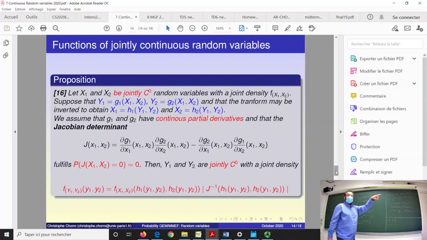As you see in this exercise, be careful, you change a pair into a pair. Okay? So it means that if I am interested in this one, okay, that is the transform of this one, I need to find or to deal with another one in order to start from 2 and to go to 2 random variables.